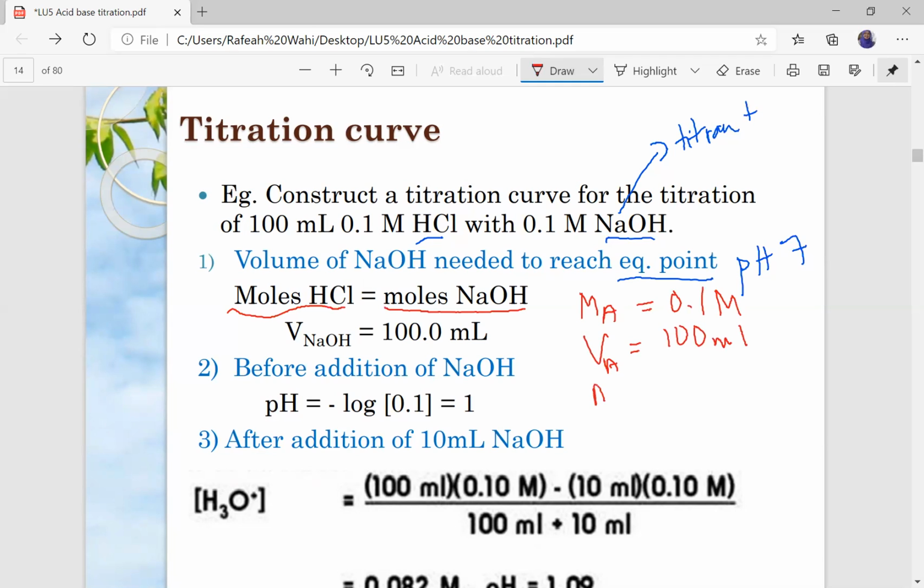What is the concentration of base? 0.1 molar. So from here, we can calculate the volume of base using MAVA equals MBVB. You can find out what VB is, and here it is 100 ml. So from this, we know that we need 100 ml of NaOH added to the analyte to reach the equivalence point.